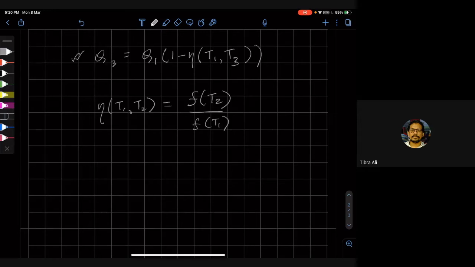And this function is chosen to be just a linear function T. And then the T2 dependence will drop out, and these two equations should agree.